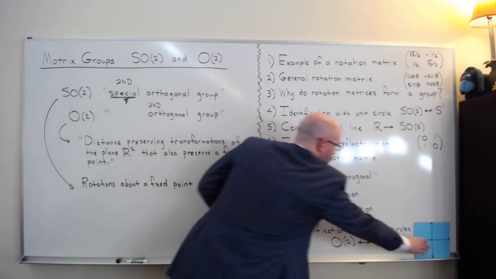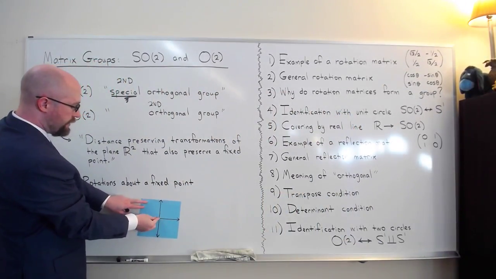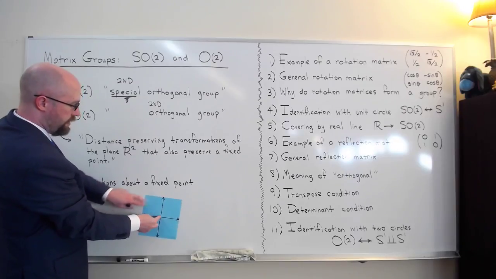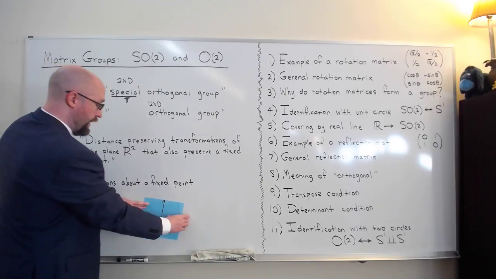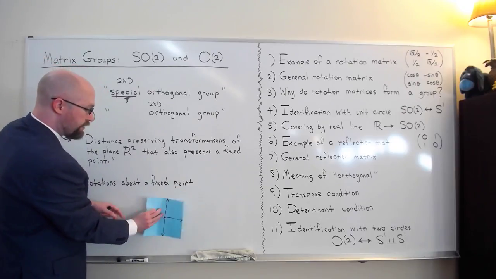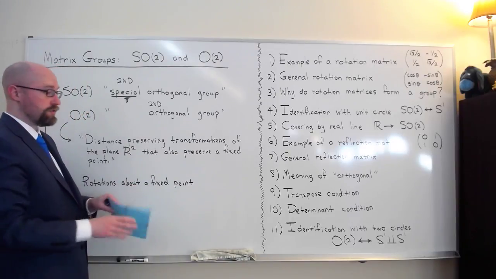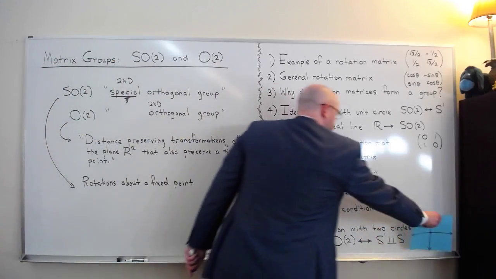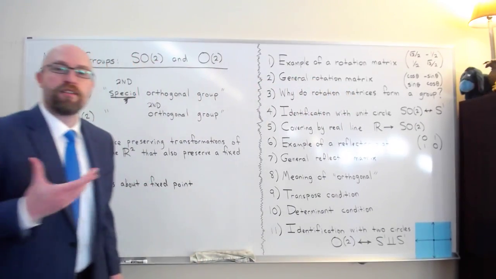So once again, grabbing my little plane over here, it's just the ones that rotate. So what the special does is it kills off the reflections. It means you're not allowed to reflect it anymore. You're only allowed to rotate. So that's a very concrete geometric description of what these groups are.